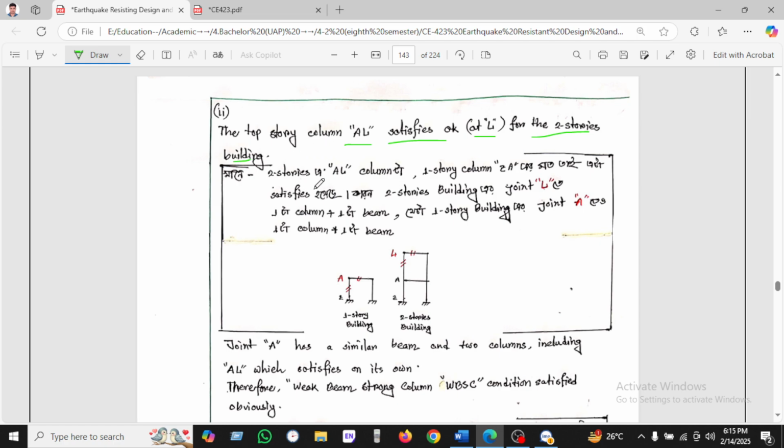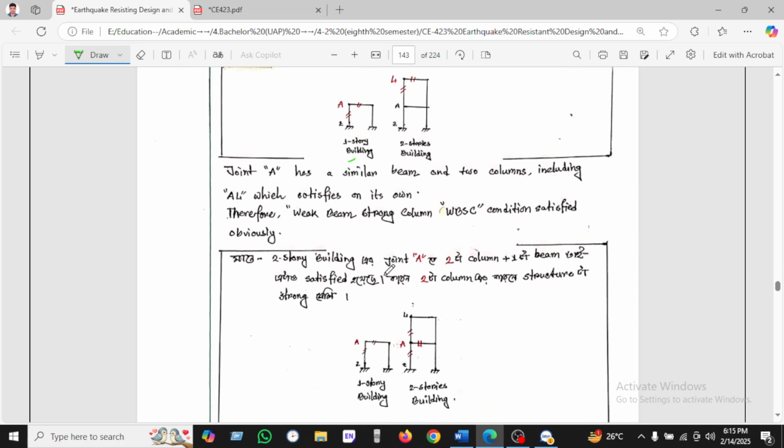That means the two-story column and the one-story joint are satisfied, because the one-story building has one column and one beam.